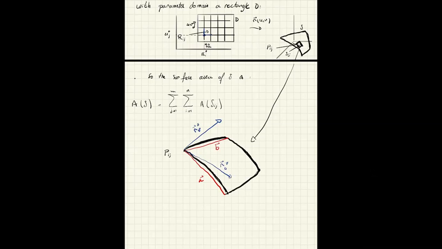Now the idea, as I said, I'm not going to say the exact details, but when this is a very small patch on the surface, it will look like a rectangle.